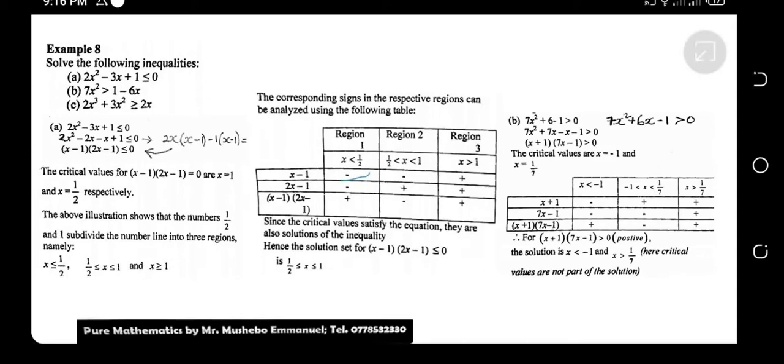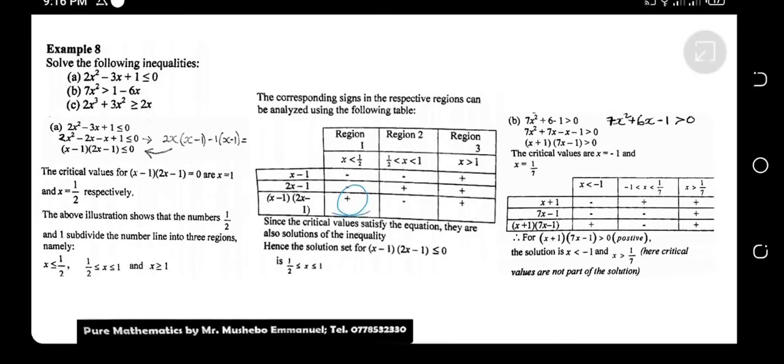Just note, is it positive or negative? Then in the next factor, substituting 0 again, you get a negative answer, so you just write negative. The first sign times the second sign: negative times negative gives positive. So the overall sign here is positive.